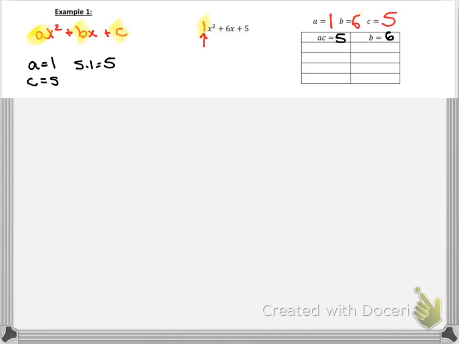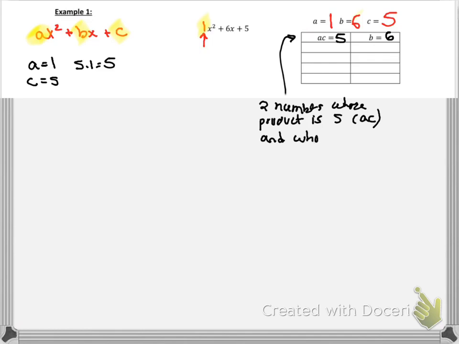Our goal is to find 2 numbers whose product is 5, which is AC, and whose sum is 6, or B.